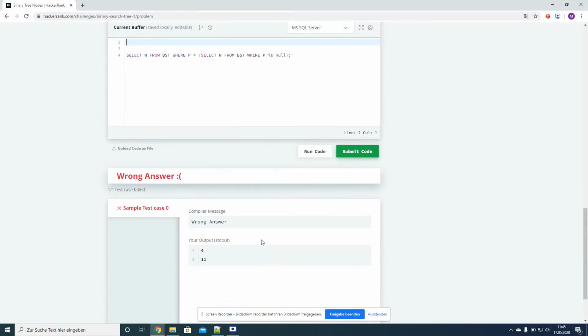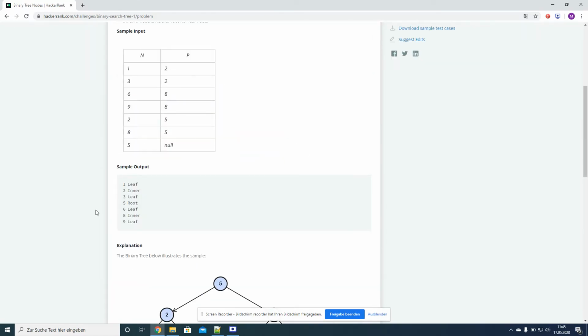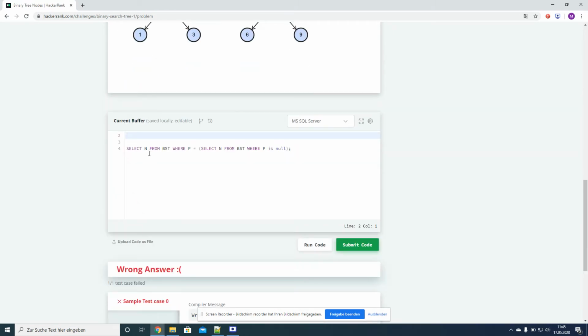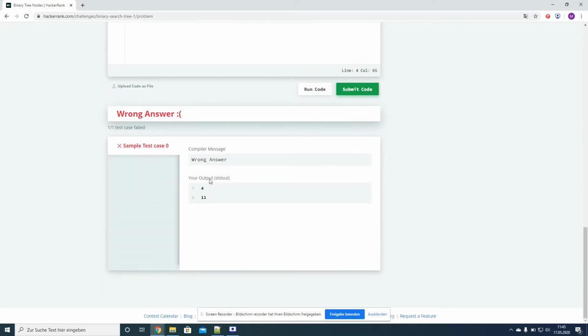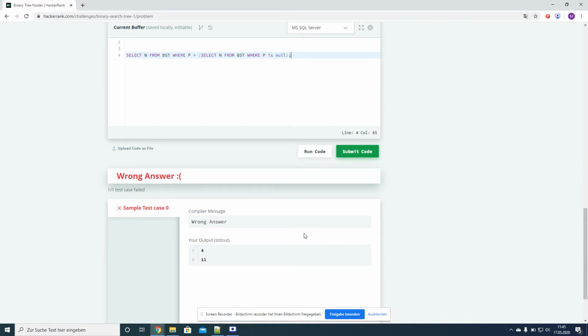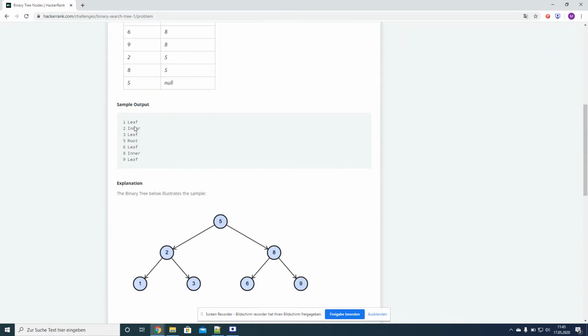So what I'm thinking about is to make one query, then a union, then a second query, then a union, then a third query. And then you have it all one under another. And you have to write inner, leaf, and root.